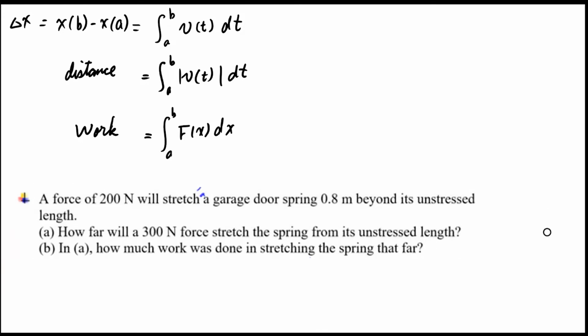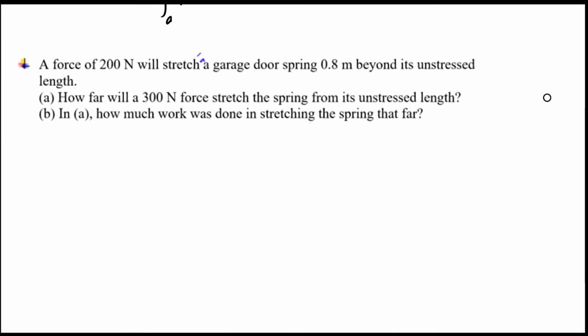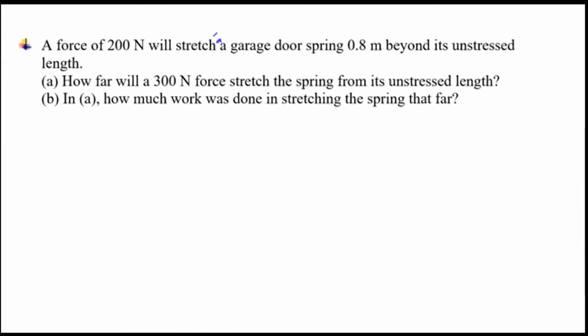Okay. Now, let's take an example. Say, you know that the garage door has a spring, right? And then it opens and closes, and springs have something called the spring constant. Think about the spring. No real springs behave this way, but it's called the ideal spring. Ideally, if you stretch the spring, then it gets harder and harder and harder, right?